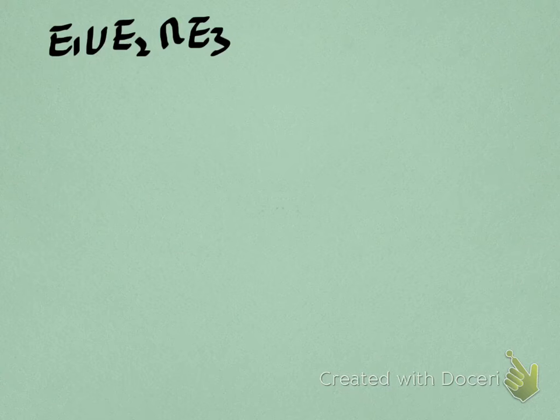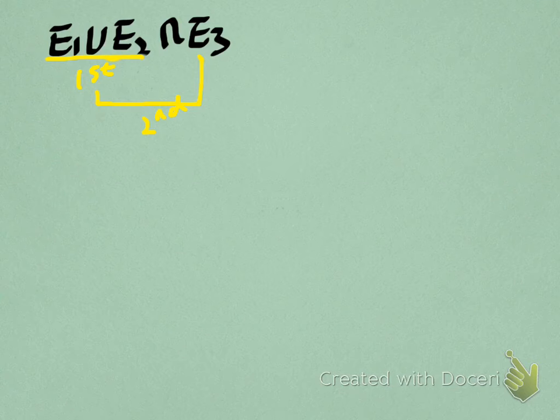This means we will do E1 union E2 first, and then use the result of E1 union E2 to compute the intersection with E3. This is the second part.